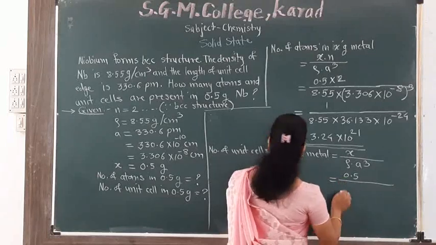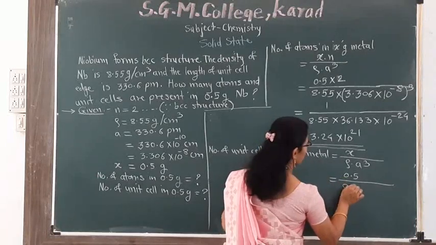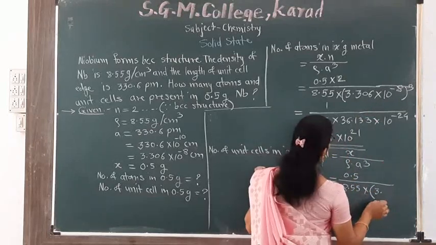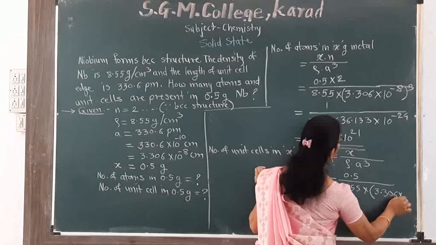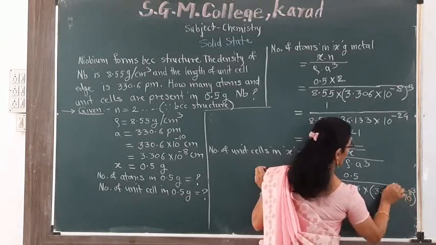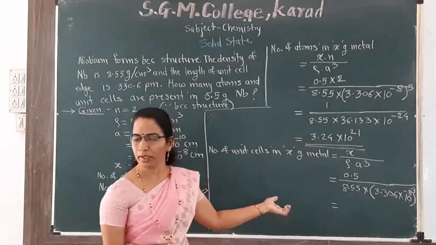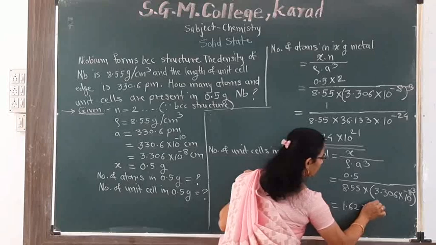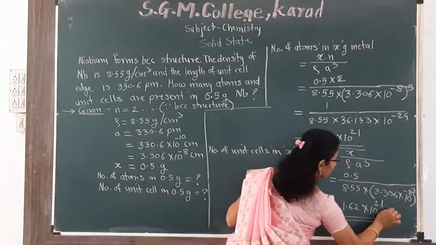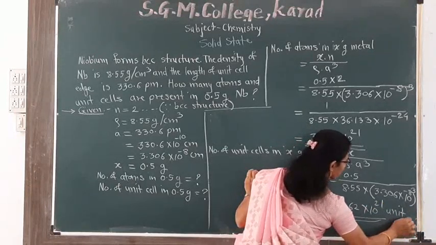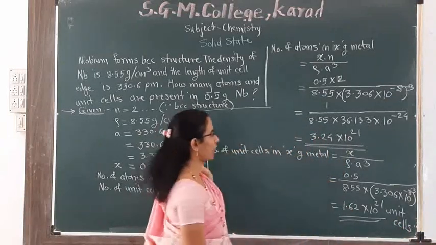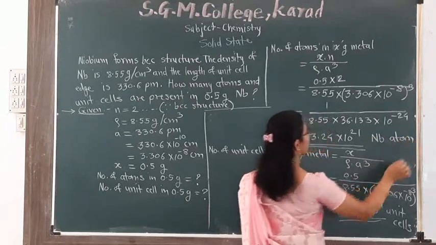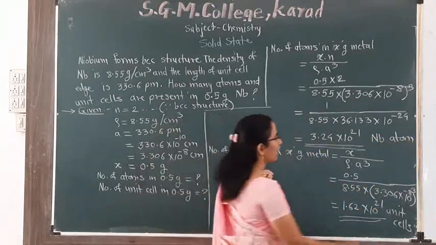Here, the density is 8.55, multiplied by the cube of the edge length. By doing the calculation, you will find the value as 1.62 into 10 raised to 21. So, these are the number of unit cells in that 0.5 gram of niobium, and the previous answer indicates the number of niobium atoms.